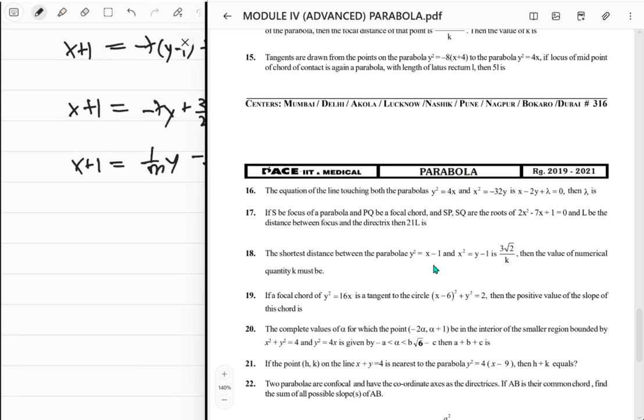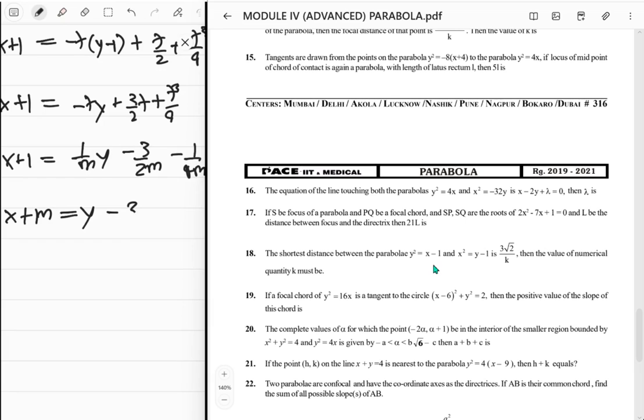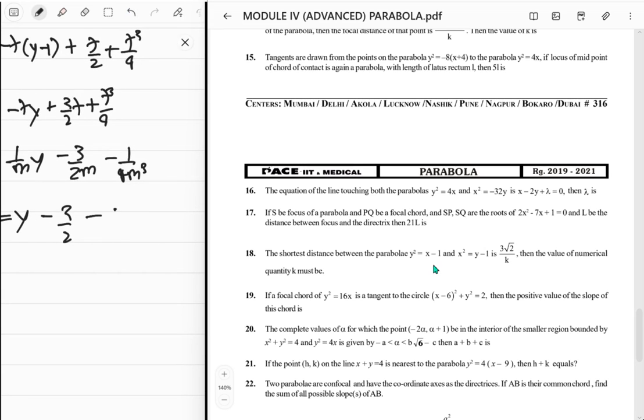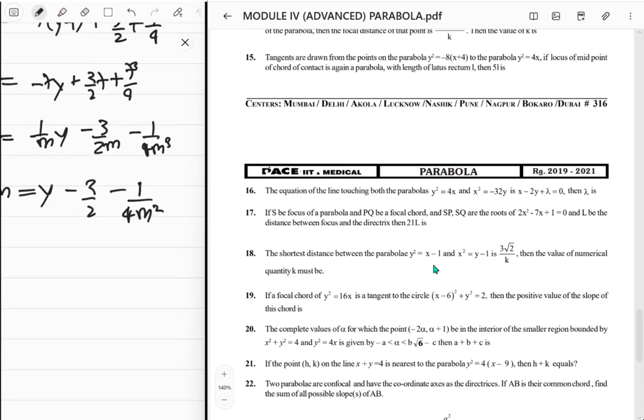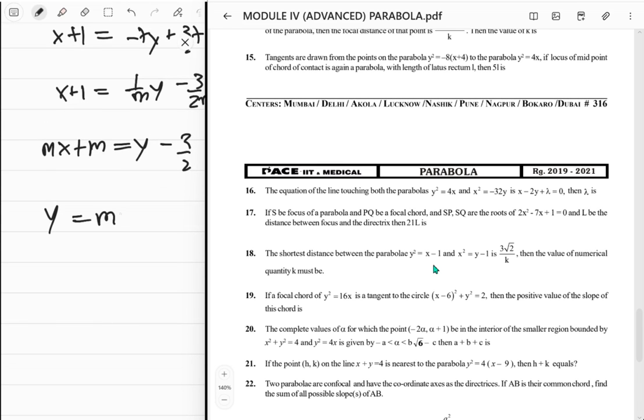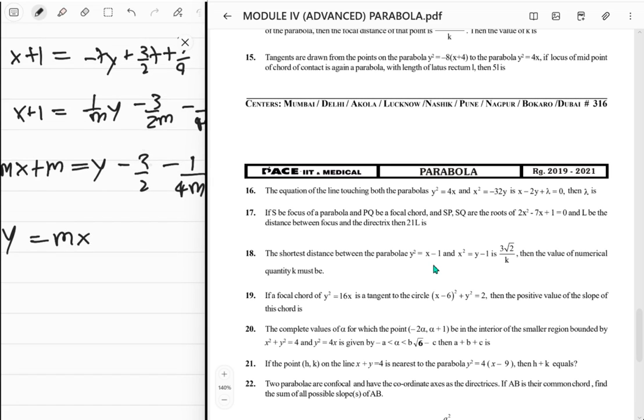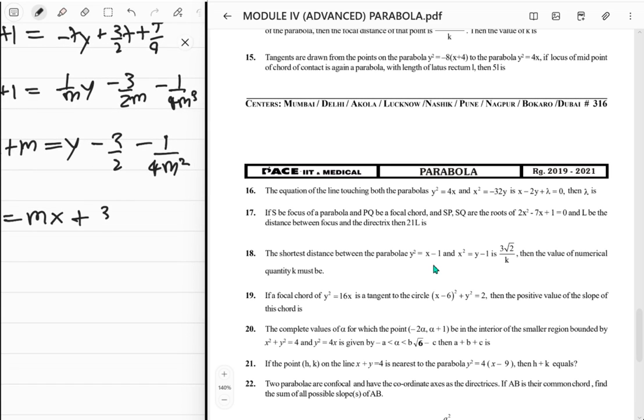So you're going to get mx plus m is equal to y, minus 3 upon 2, and then minus 1 upon 4m squared. So y is equal to mx plus 3 upon 2 plus m plus 1 upon 4m squared.